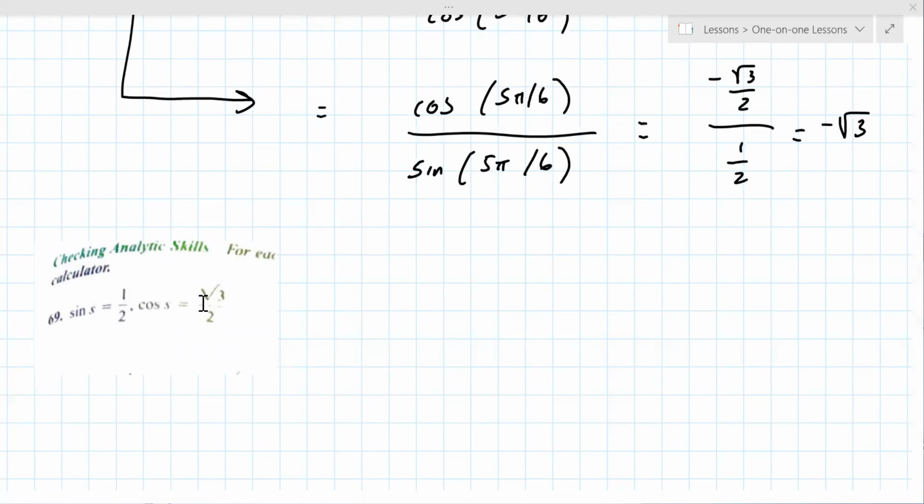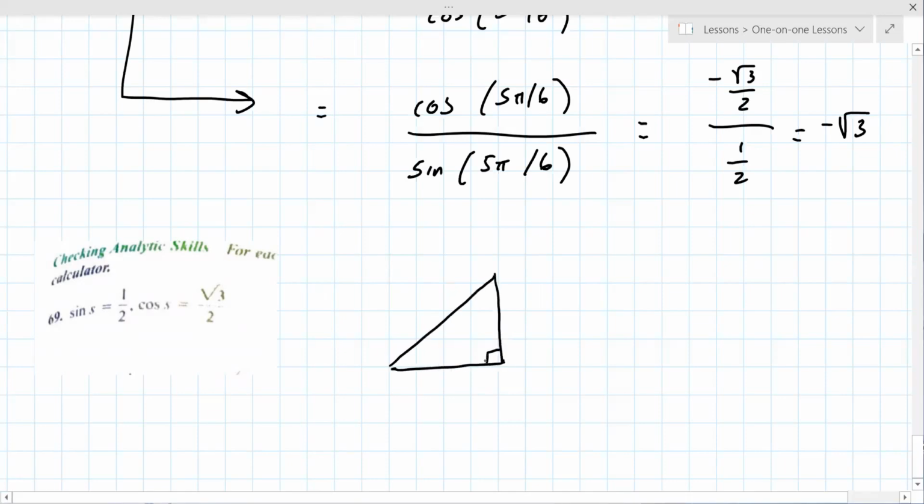The cosine and sine tell you which quadrant you're in. There's a bit more to that, but for right now you know you're in the first quadrant. Here s: cosine is square root of 3 over 2, and sine is 1/2.